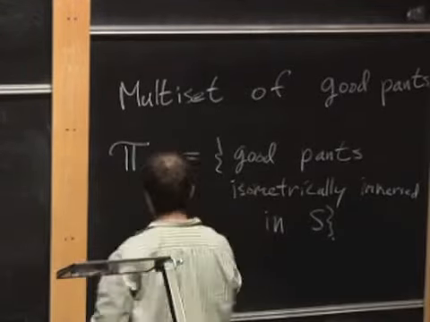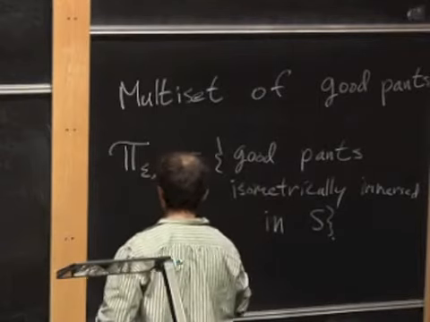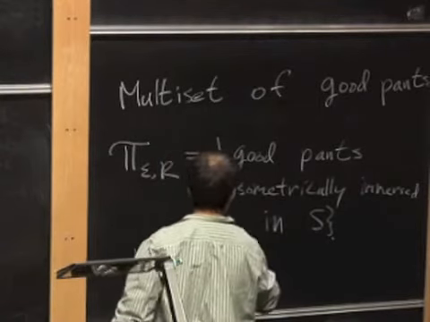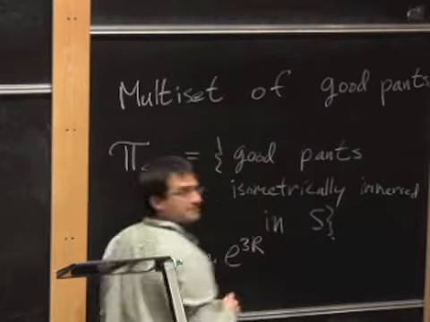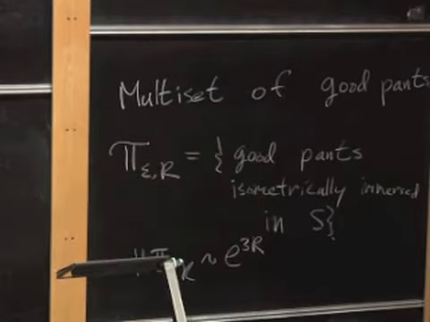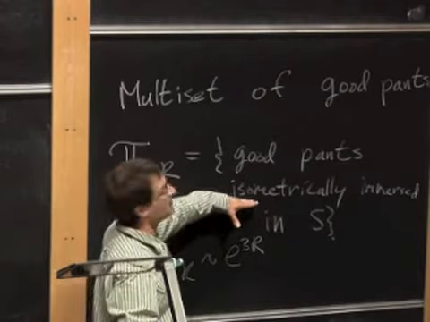This is a finite set. The size of this pi epsilon r is about e to the 3r, because we have three choices to make. So I have about e to the 3r of these guys. But what's important is it's finite.